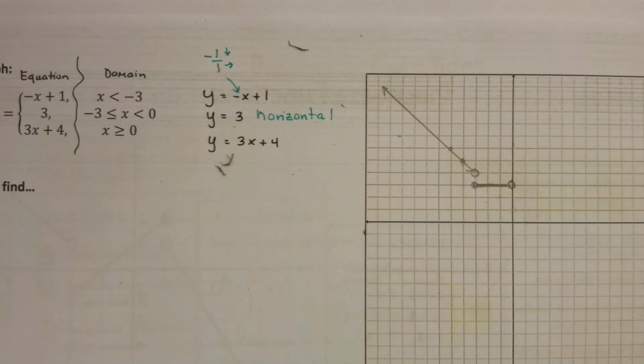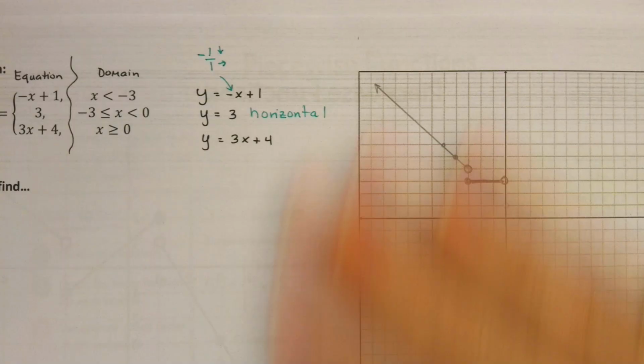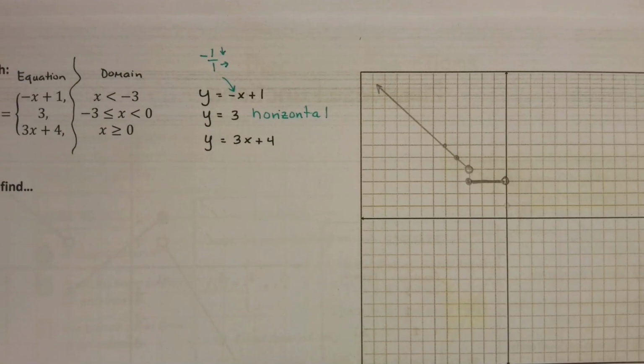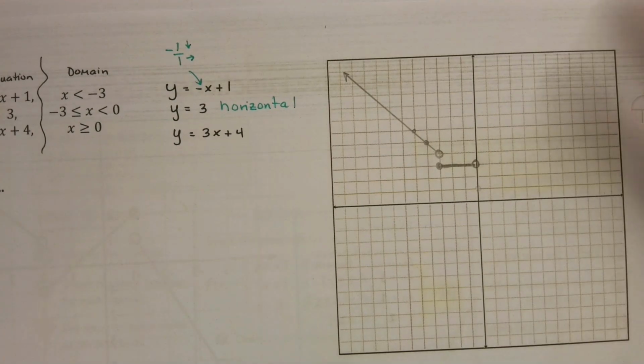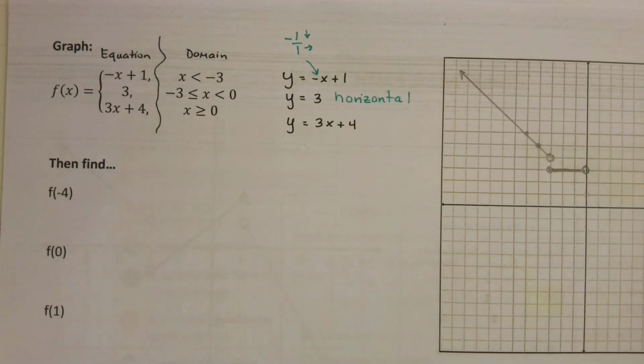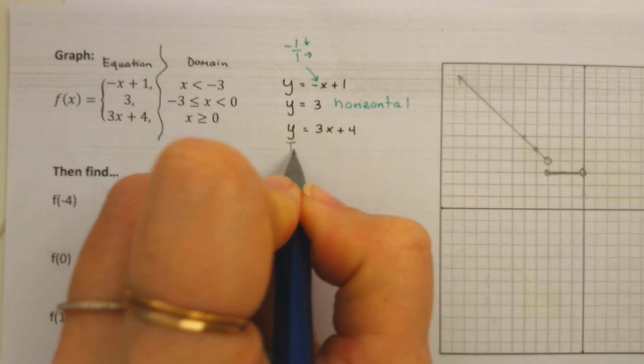Looking good. Would y'all like to try the last one, and then we'll do an ink pair share? You graph it, then we'll pair up and share with a buddy. Okay, ink pair share on the 3x plus 4.